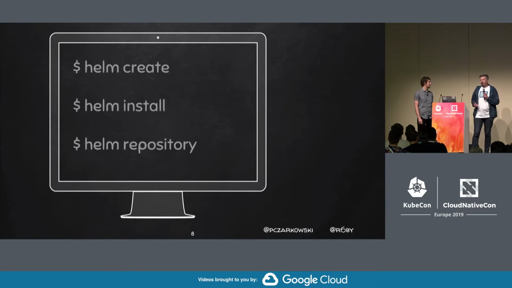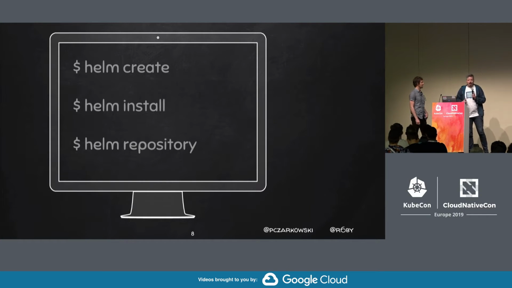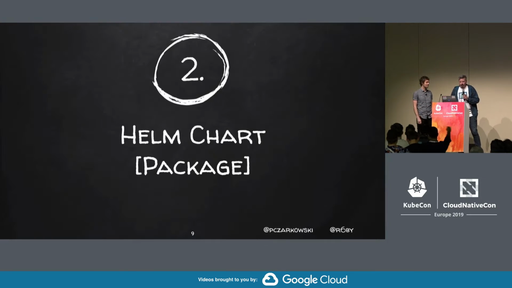So you have the Helm client installed on your laptop, and you're doing a Helm create to create a new chart, you're installing charts up into your Kubernetes cluster, you're interacting with a repository, etc., right? So that's pretty straightforward. And really there's not too many security concerns we have at kind of the Helm client side of things.